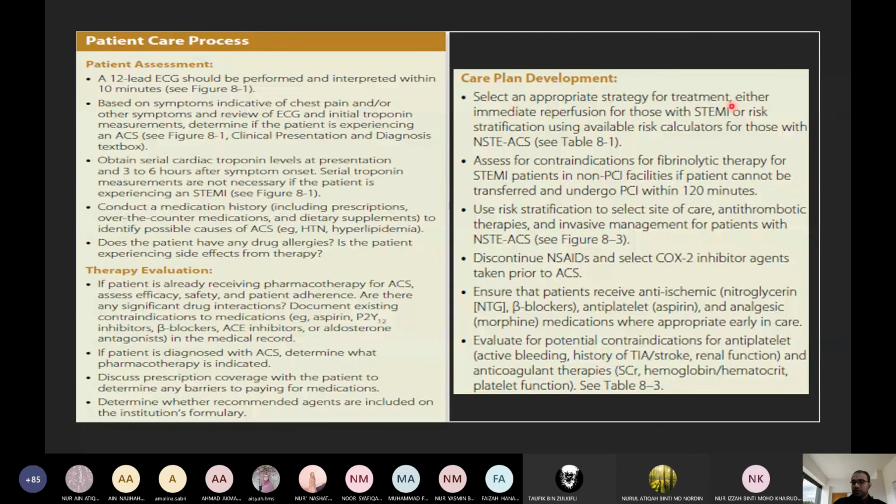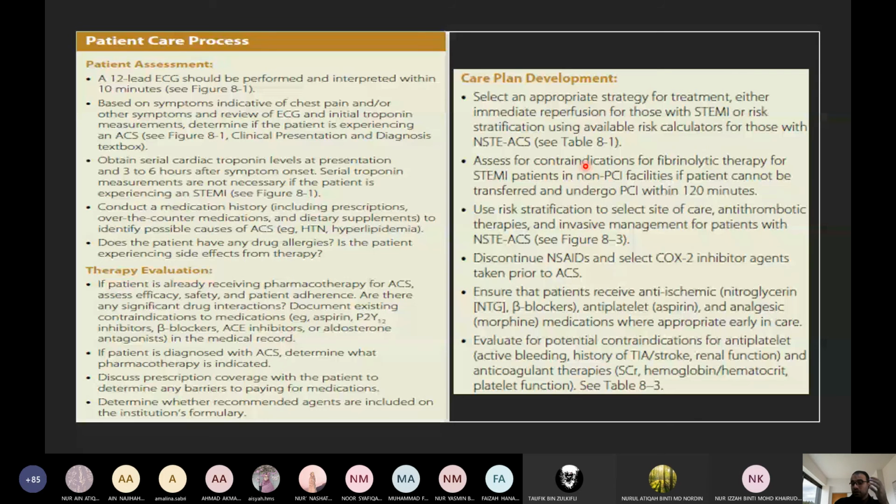The appropriate treatment strategy decides which treatment modality, and I think this should be clear. For non-STEMI, ischemia-guided invasive. For STEMI, the PCI or fibrinolysis for revascularization.